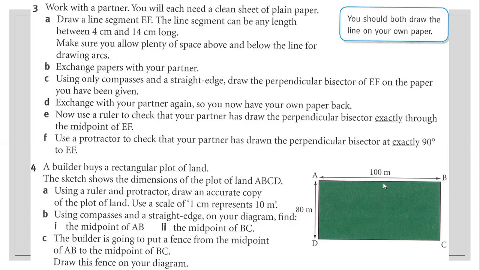Fence means a barrier from the midpoint of this one to the midpoint of this one. So with the help of this, he can easily put it here. The midpoint of the first one will be here, and the other one will be here. Okay, so he will draw the fence there, from the midpoint of AB to the midpoint of BC. Draw the fence on your diagram. So we need to draw the fence on that diagram.